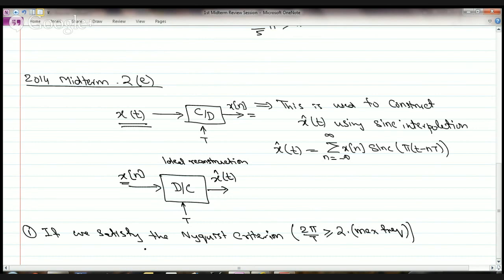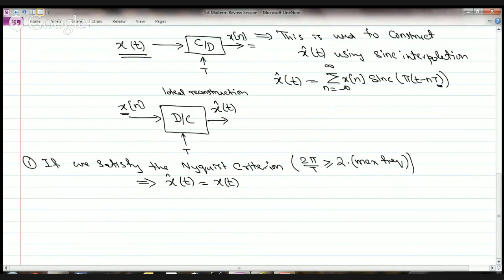If we satisfy that, then x hat of t is equal to x of t without any question. Why? Because we are doing ideal sampling, ideal reconstruction, sinc interpolation with the right parameters. The same T is used at the sampling, the same T is used for sinc interpolation. We should get back x of t.